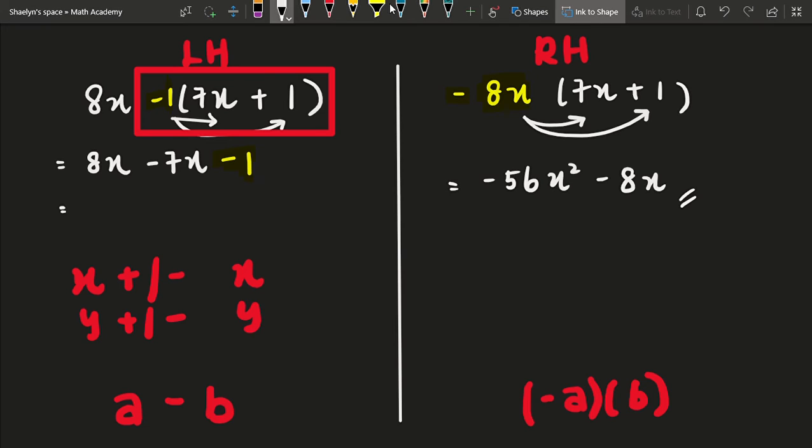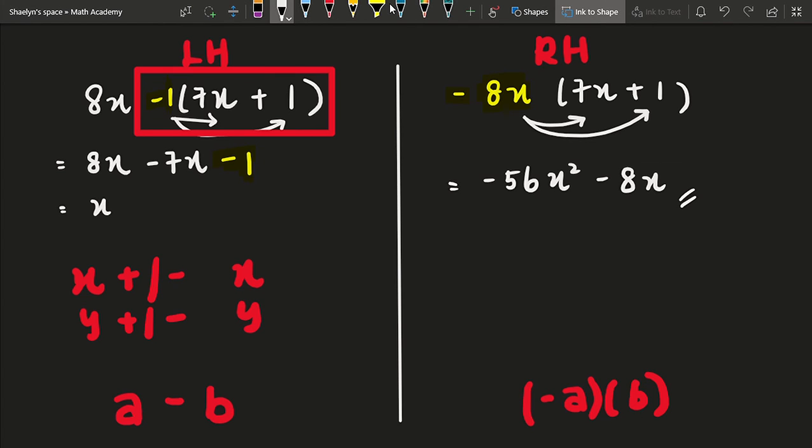So in this case, 8x minus 7x, if you don't understand this way, just tell yourself that it is 8 apples and 7 apples. When you have 8 apples, then you give people 7 apples. How many apples are you left with? Yes, only 1 apple. But remember, we don't write 1x because the 1 is not necessary, so we only write x.